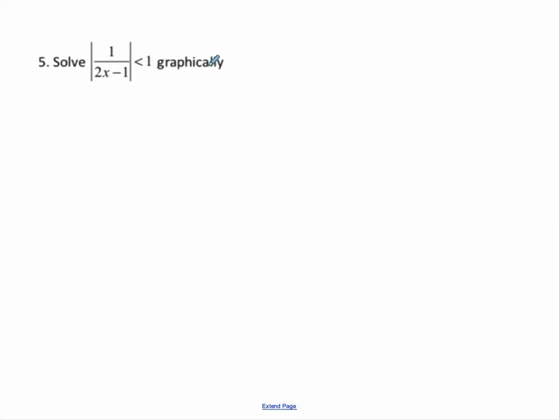Okay, lastly, I'm going to solve this one graphically without using the calculator. So we're going to do the regular function 1 over 2x minus 1, and then do the absolute value of that and see where that's less than 1. That function is going to have a vertical asymptote when this denominator is 0, so when x equals half.